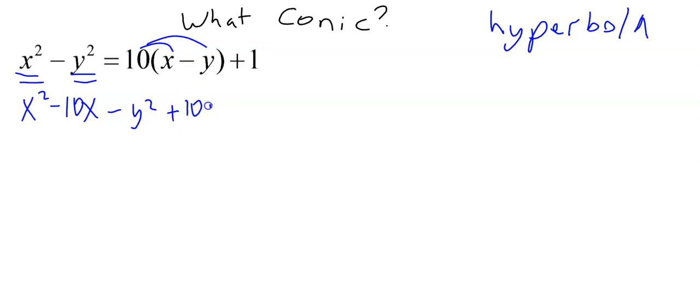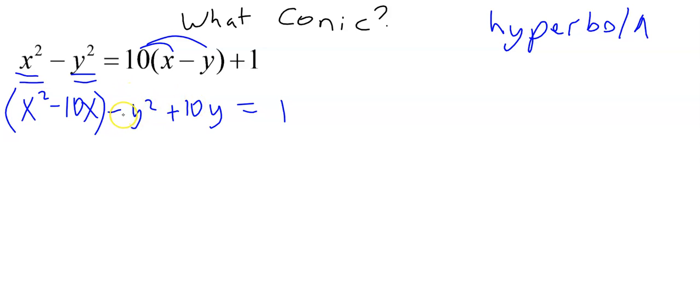If you followed that, I didn't show all my work. I distributed and then I added. I subtracted 10x and I added 10y to both sides to move them to the other side. I'm going to group these terms together. If I group these, I'm going to have to change the sign.